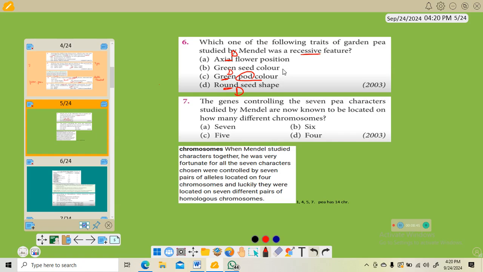Seed color yellow is dominant and green is recessive. So here they are asking about the recessive, which was a recessive feature. Okay, so yellow is dominant and green is recessive.